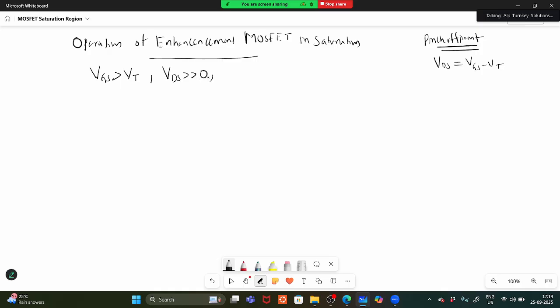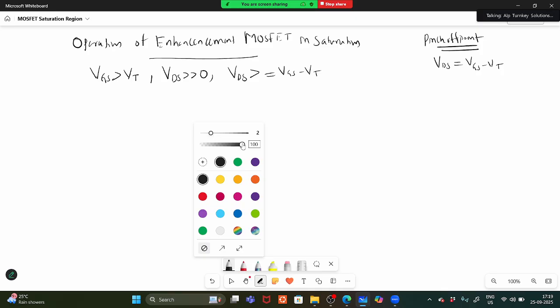So it means it has reached the pinch off point, and you are increasing VDS such that VDS is greater than or equal to VGS minus VT. So what happens when it is a greater value?